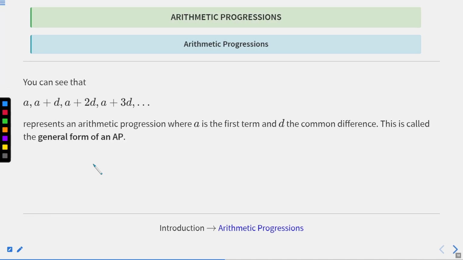So you can see that a, a plus d, a plus 2d, a plus 3d, ... represents an arithmetic progression, where a is the first term and d is the common difference, and this is called the general form of an AP.